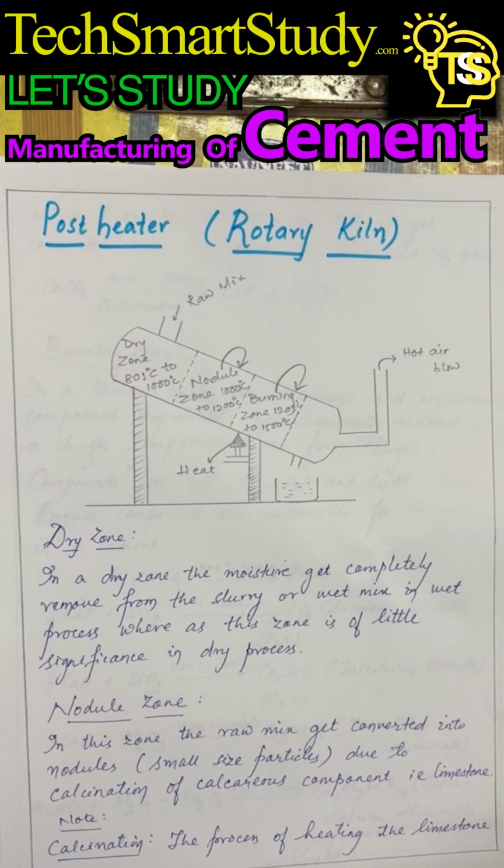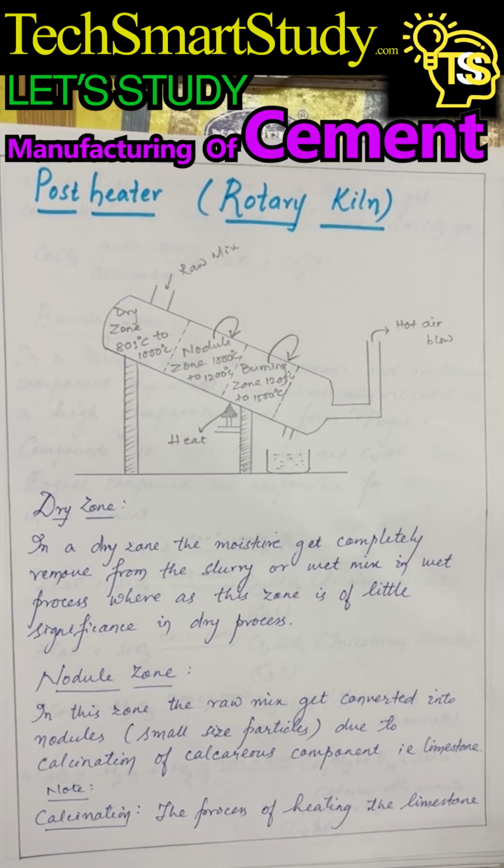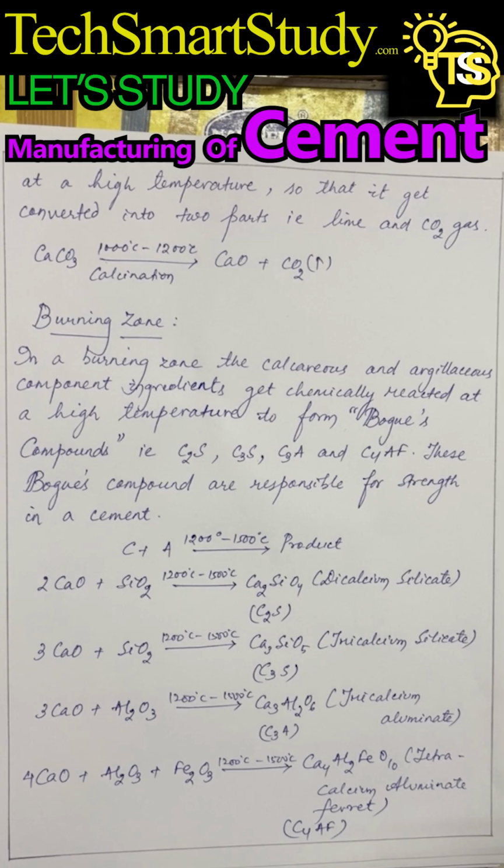Now what is calcination? The process of heating the limestone at a high temperature so that it gets converted into two parts, that is lime and carbon dioxide gas. Here calcination means breaking down of the calcareous component into two parts, lime and carbon dioxide, at a high temperature of 1000 degrees centigrade to 1200 degrees centigrade.